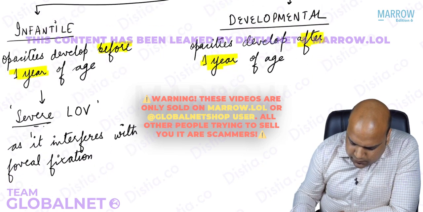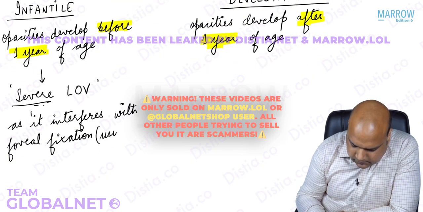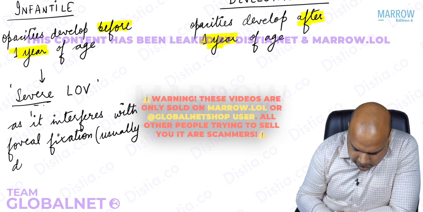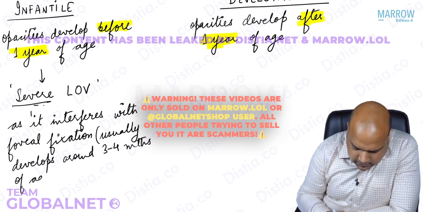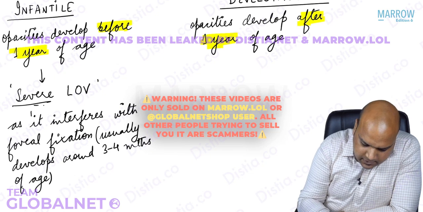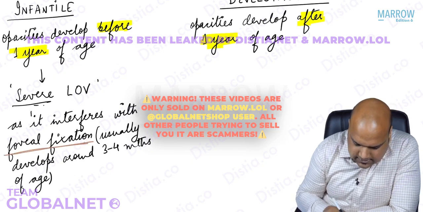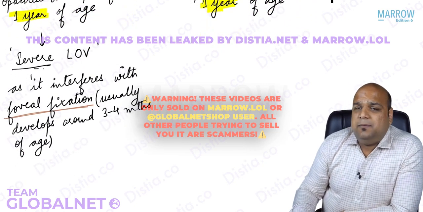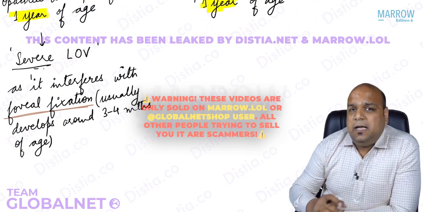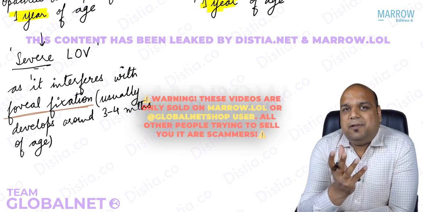Foveal fixation usually develops around 3 to 4 months of age. Now, what do we mean by this word foveal fixation? We are saying that there is severe loss of vision because foveal fixation is interfered with. So what is foveal fixation?